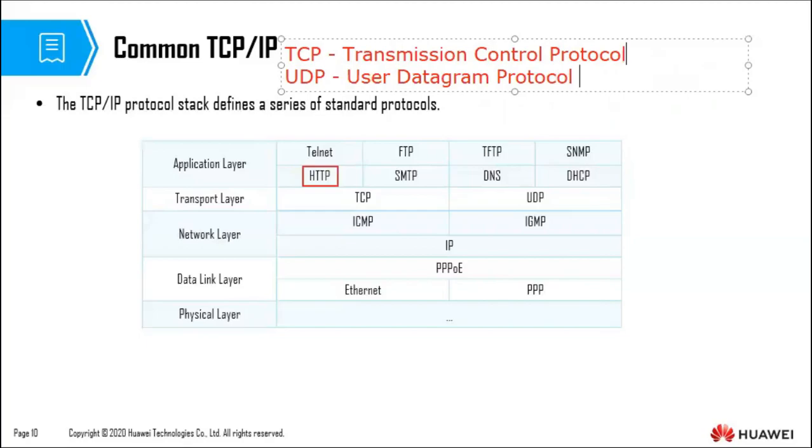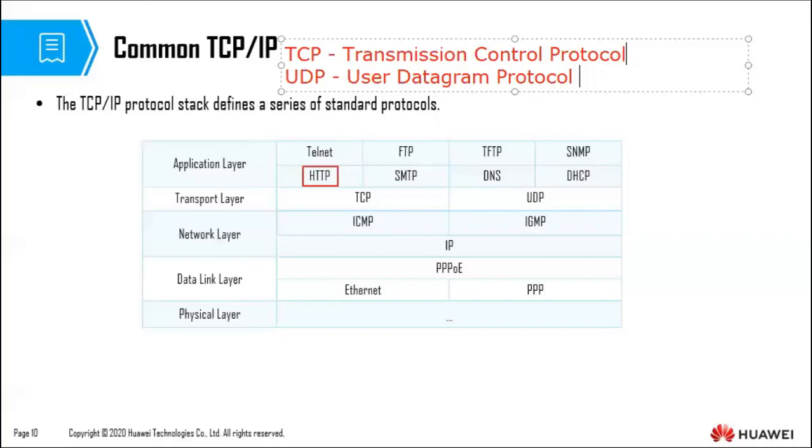One of the main differences between TCP and UDP is that TCP provides connection-oriented communication services. Connection-oriented means you have to form a connection before you start exchanging data. On the other hand, UDP is connectionless communication.